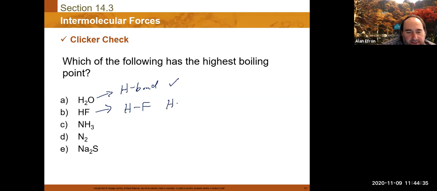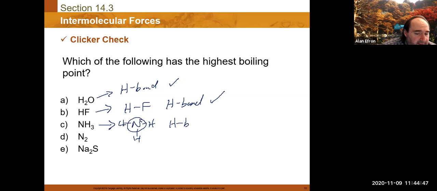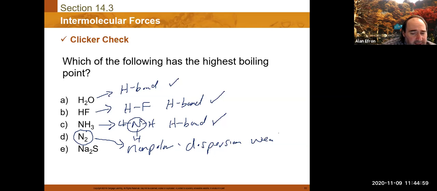So it also could do some hydrogen bonding. So it would be pretty high. NH3 is our polar guy, which we talked about before. Hydrogen attached to a nitrogen. It also could do some hydrogen bonding. So it's going to be relatively high. N2 is a nonpolar molecule. Again, nonpolar molecules are going to use dispersion forces, which are weak. They're going to have a pretty low boiling point here.